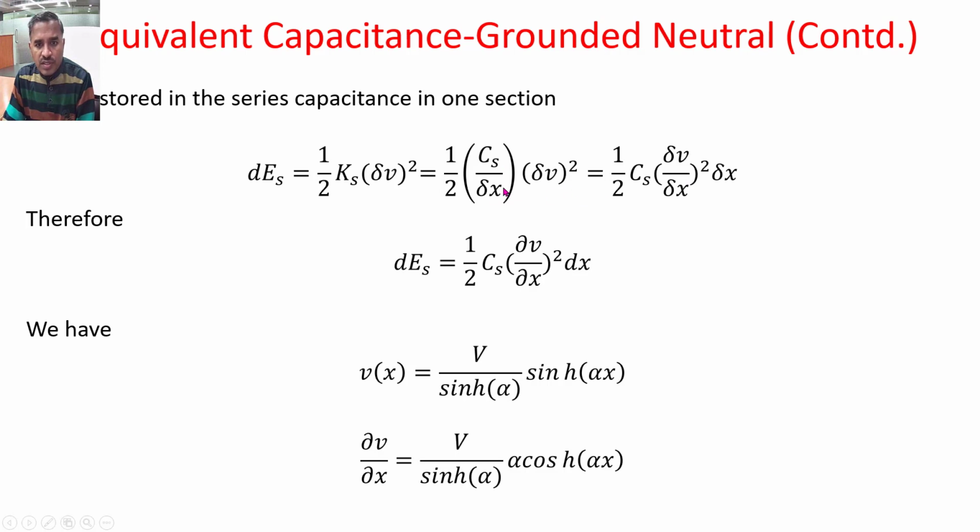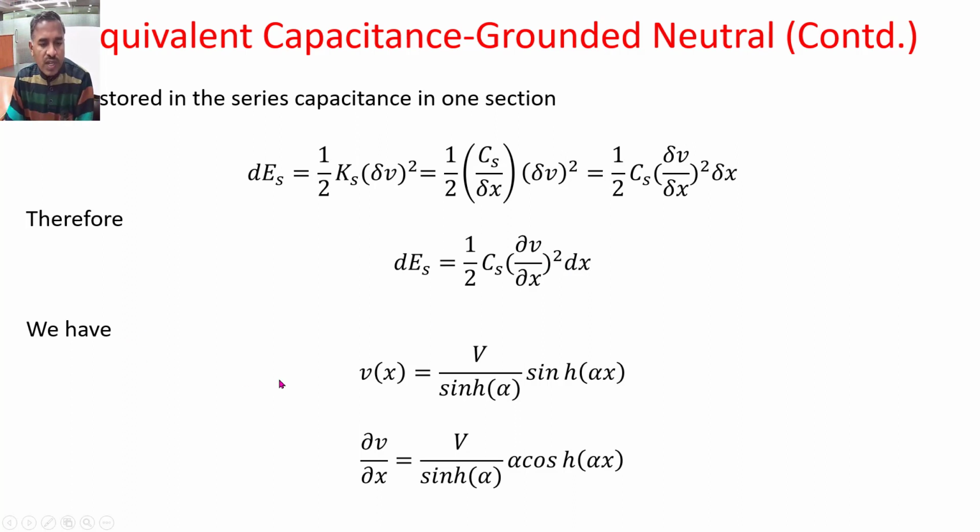Then delta x is moved below, so half Cs into delta V by delta x whole square into delta x. Therefore, dE_s equals half Cs, partial derivative dou V by dou x, whole square into dx.